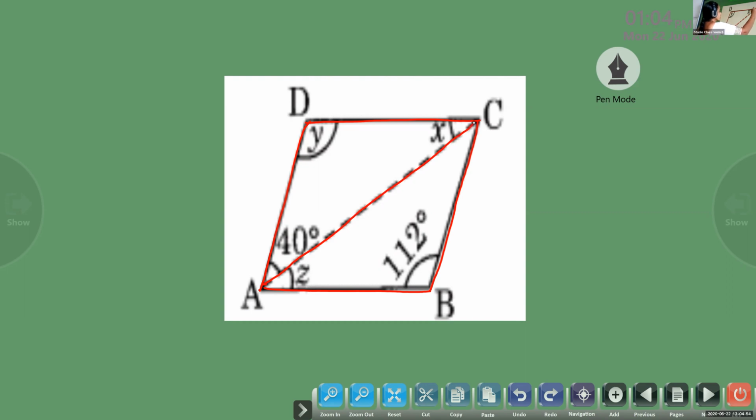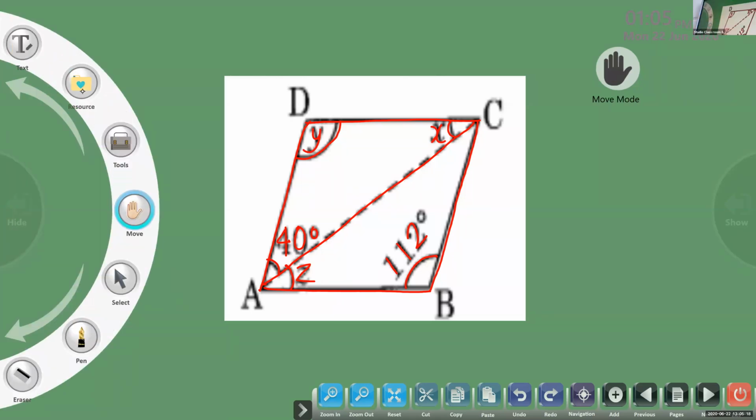This is X. This angle is 112. This angle is Z. This angle is 40. And angle D is given as Y. Question: find X, Y, Z.